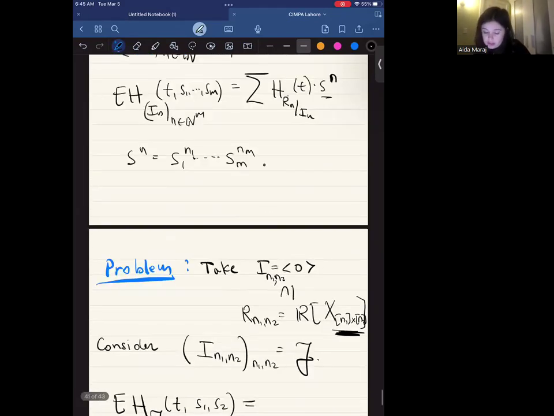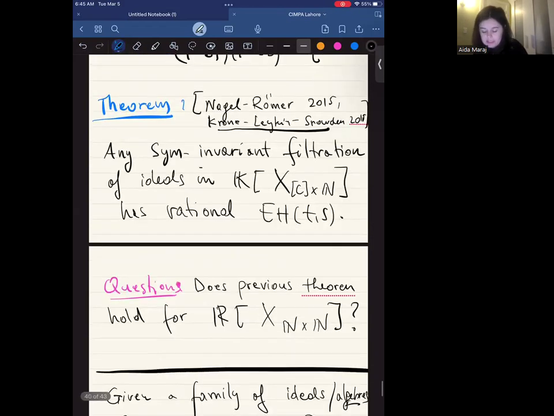So the theorem here says that if we have ideal filtrations that live in this type of polynomial rings where we have only one kind of direction increasing, so when we have chains of ideals that are semi-invariant, then we do have rationality.